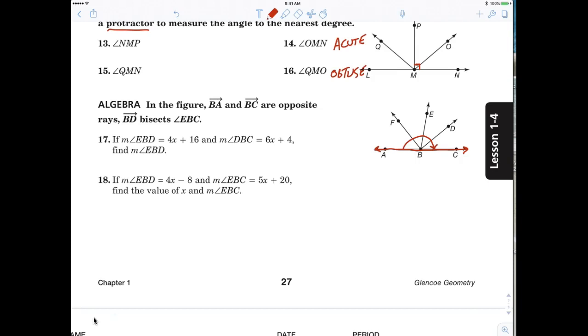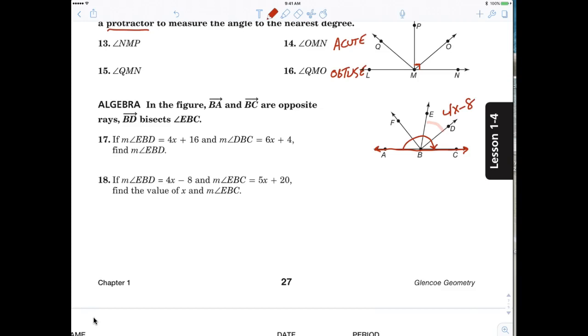So in this case, EBD is 4x minus 8. Actually, I'm doing 18. So EBD is 4x minus 8. I haven't done the problem yet.